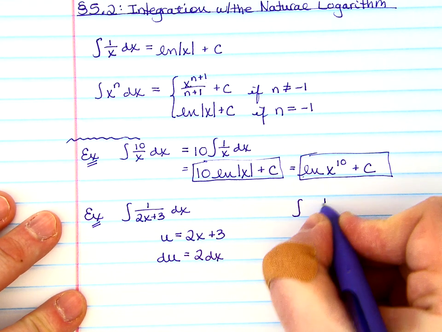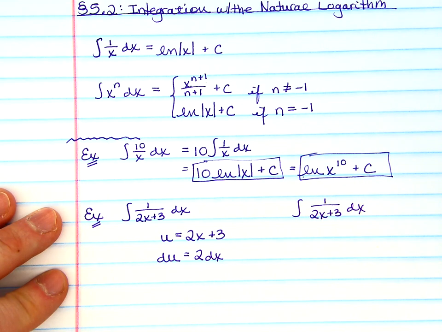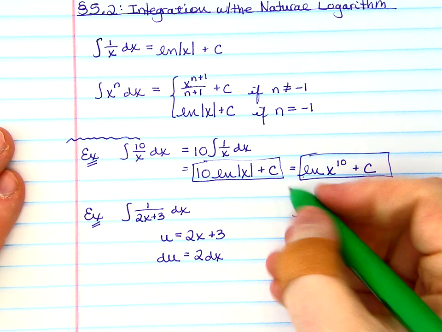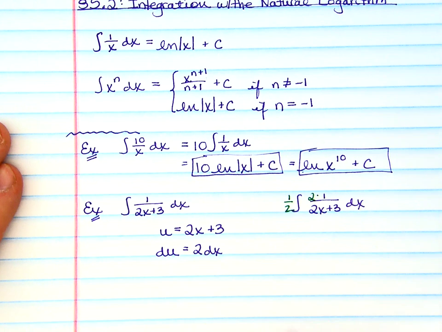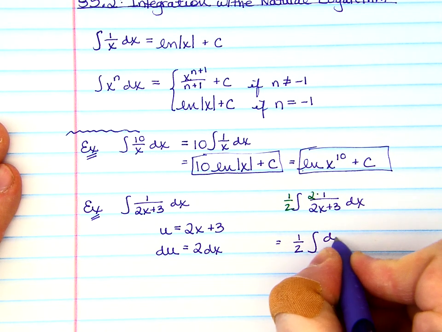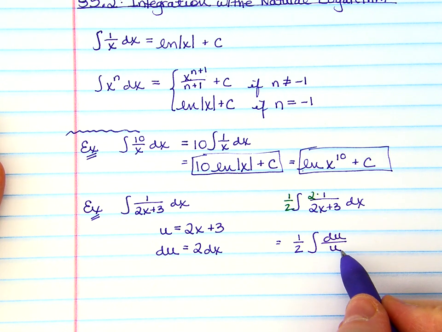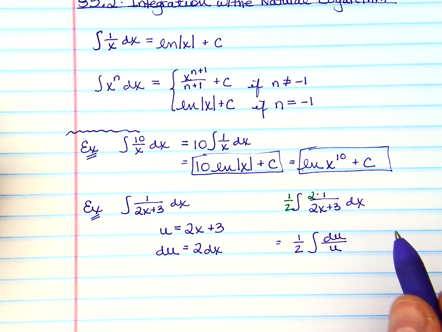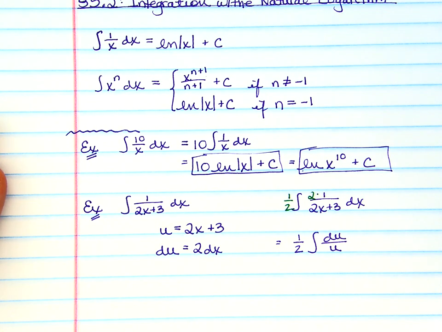And I can make that work by taking my original integral, multiplying inside by 2 and canceling it out front with a 1/2, which is going to give me 1/2 times the integral of du over u. It's now exactly in our form. By the way, du over u, that's the same as 1 over u du. It's exactly in our form to be able to use our rule that gives natural logs. So see if you can finish this one off.